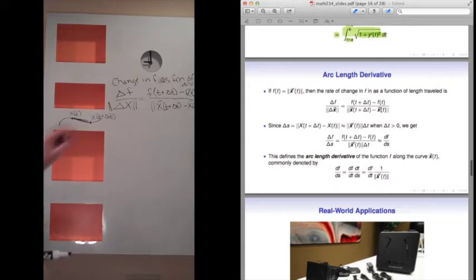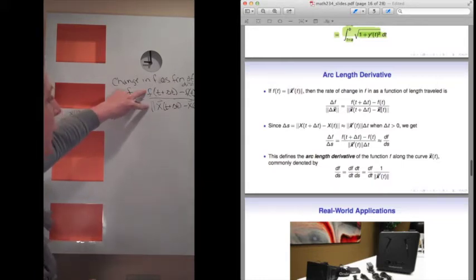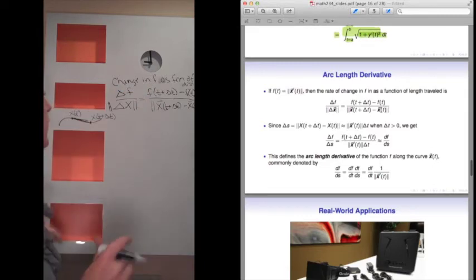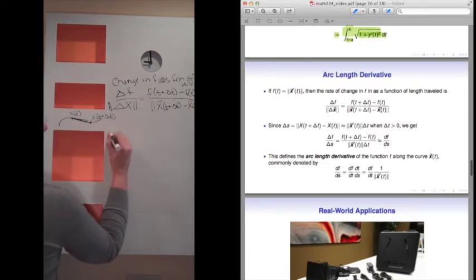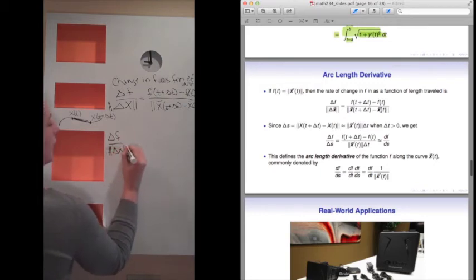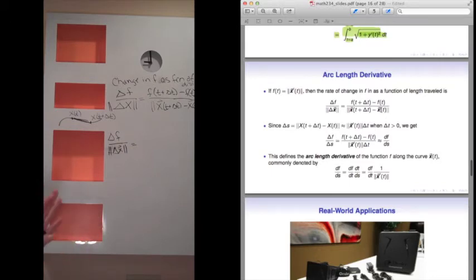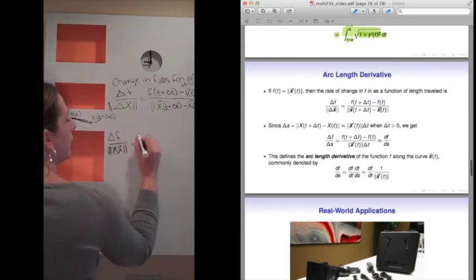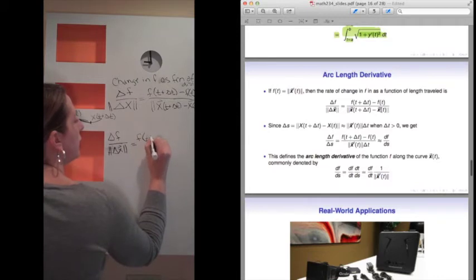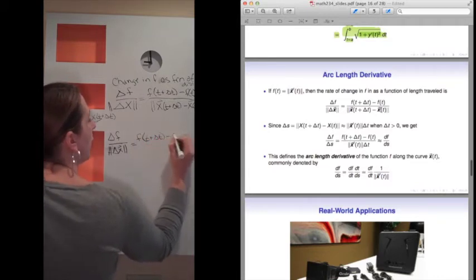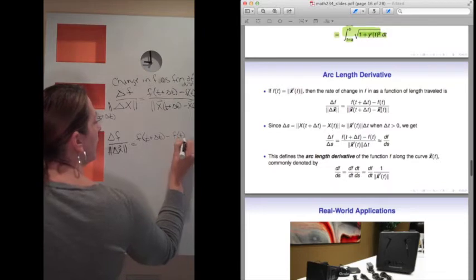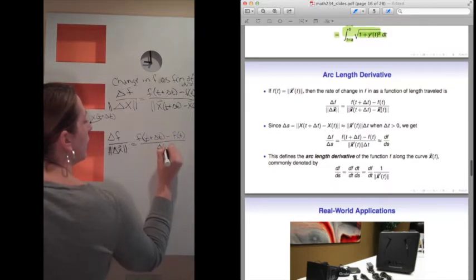Now, expanding on this formula, let's rewrite it into two pieces. Delta f over delta x, or sorry, I'm going to write the first term to look like a time derivative: f of t plus delta t minus f of t over delta t.